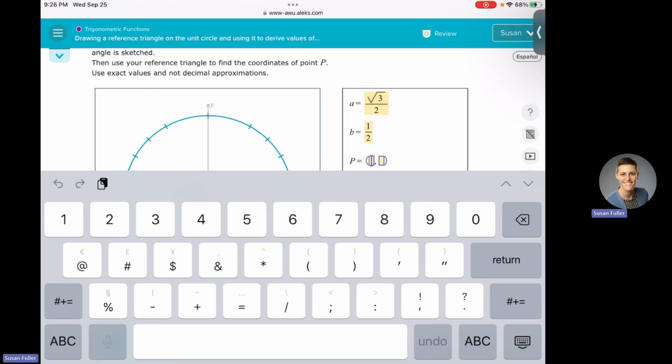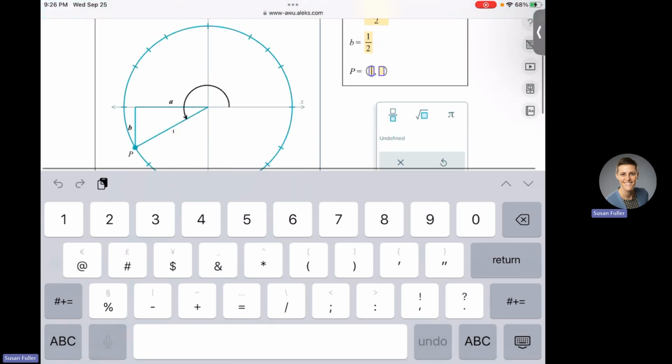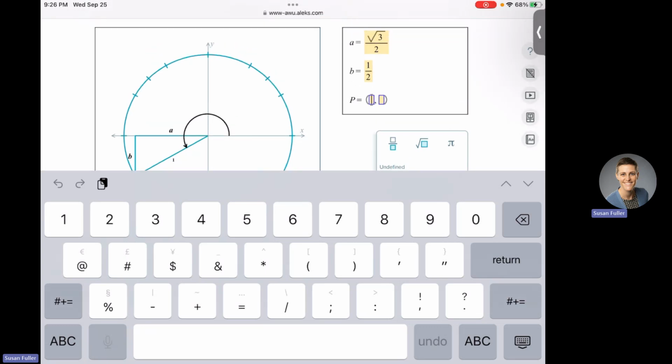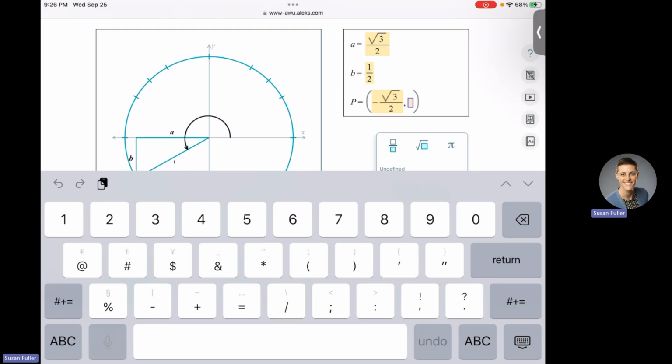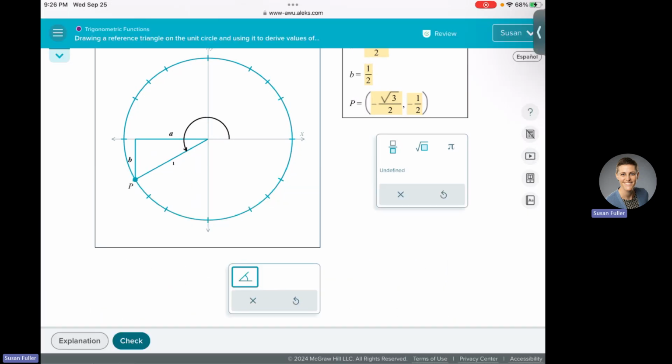Then when you put the coordinates of the point P, these are the coordinates of your ordered pair on the unit circle. This is where you let things go positive or negative when you need them to be. On our ordered pair, our x value is going to be negative root 3 over 2, and over here, negative 1/2, is the point on the unit circle.